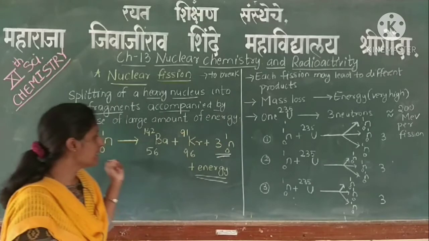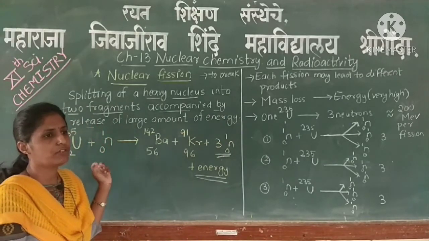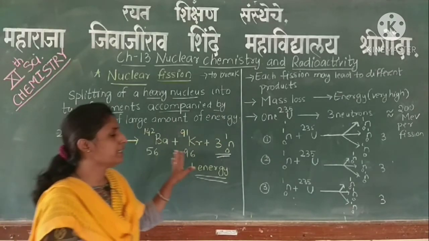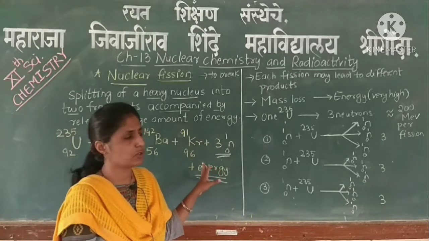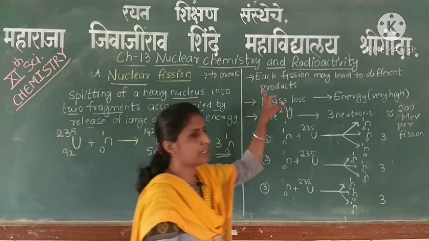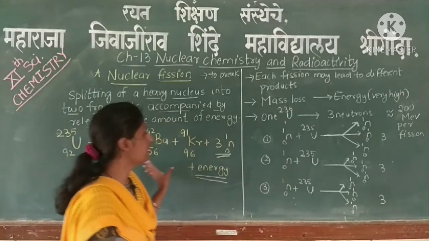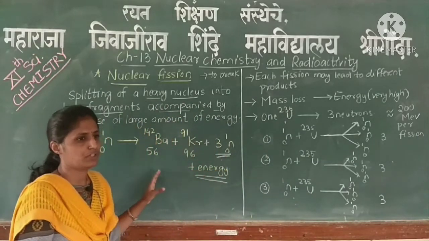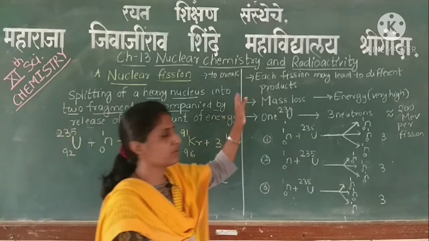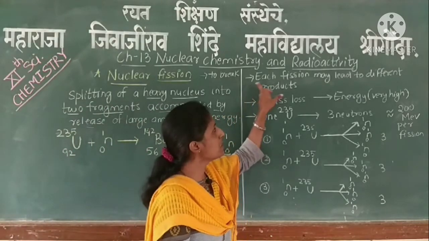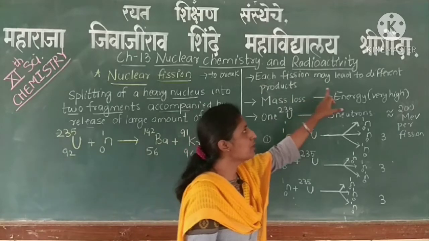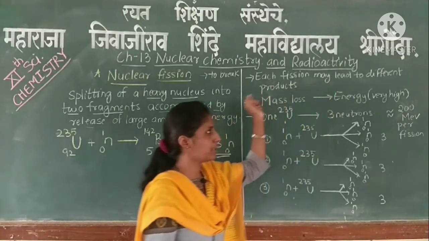It is not necessary that uranium on fission will always give only barium and krypton. It may give different products at different fission. So this sentence means that each fission may lead to different products.